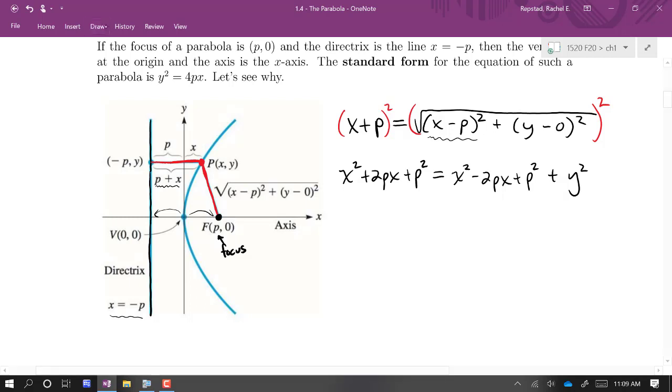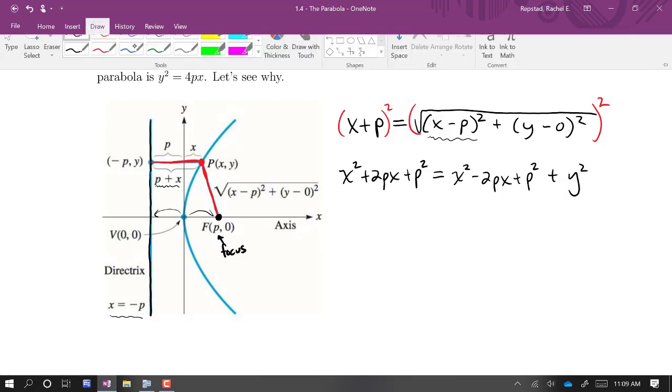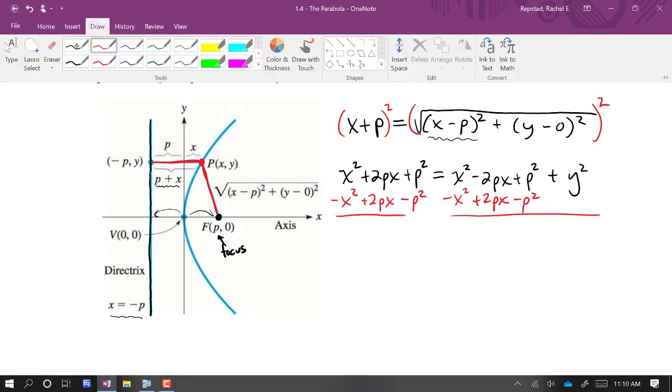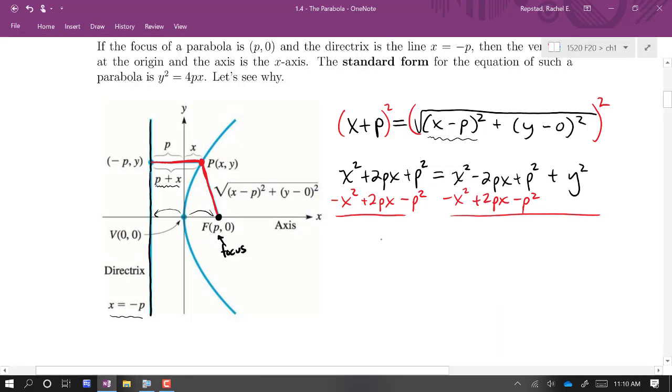I'm going to isolate the y squared terms, so I'm going to subtract x squared from both sides. I'm going to add 2px to both sides. And I'm going to subtract p squared from both sides. Now what we have left on the left side is 4px, and what we have left on the right side is y squared.